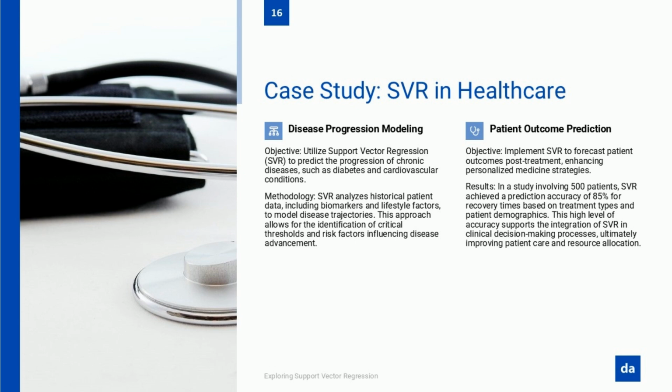The ability of SVR to handle complex, high-dimensional data makes it useful not just in healthcare but in many other scientific fields. But where is SVR research heading next? What advancements are being made to improve its performance, scalability, and integration with other machine learning techniques? Let's explore the future of SVR in the next section.